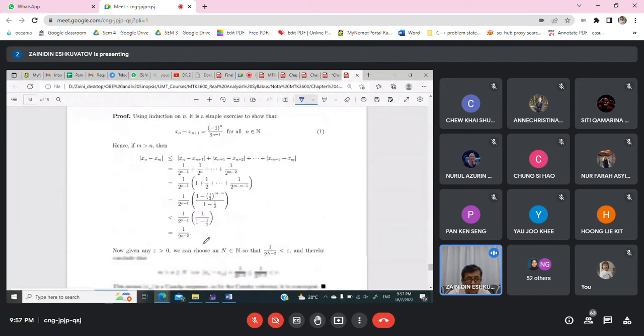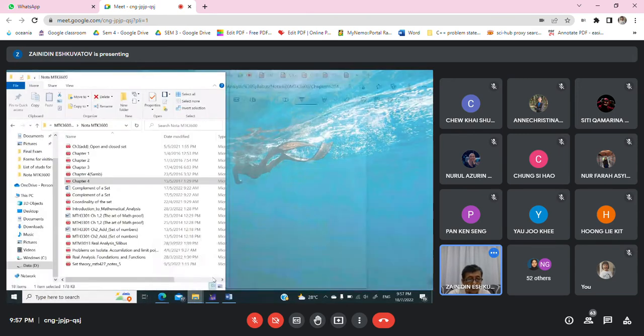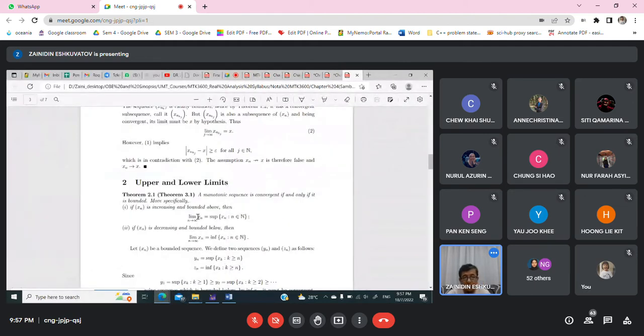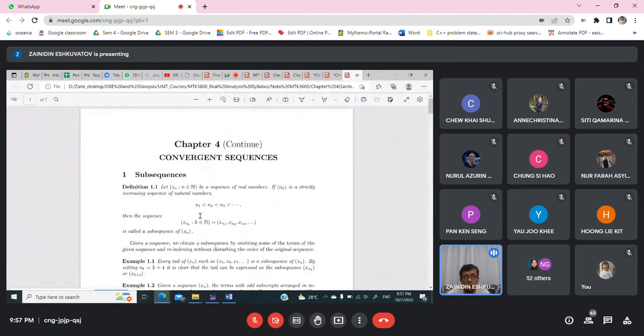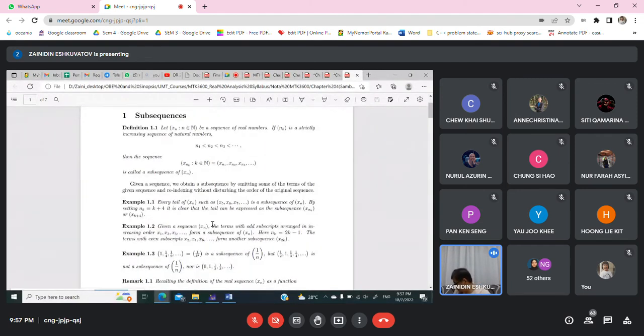Where is the subsequence? Subsequence actually is the next topic, the additional one. Here, this topic, convergent subsequences, you also need. So there is one problem regarding subsequences.